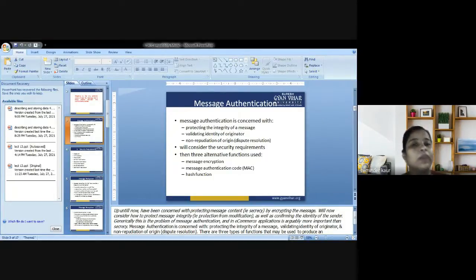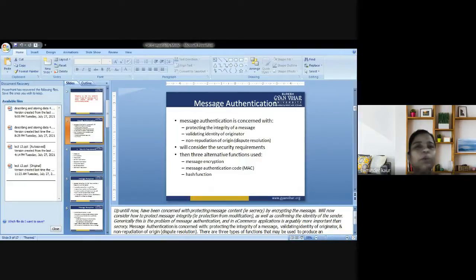When the recipient receives the message and the MAC, the receiver feeds the received message and the shared secret key K into the MAC algorithm and recomputes the MAC value. In addition, the receiver checks the equality of the freshly computed MAC with the MAC received from the sender.